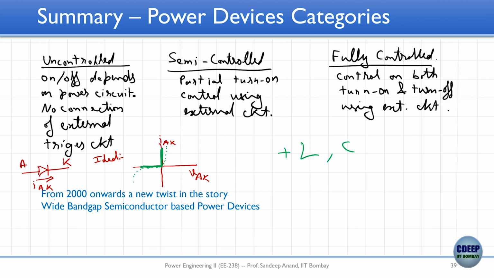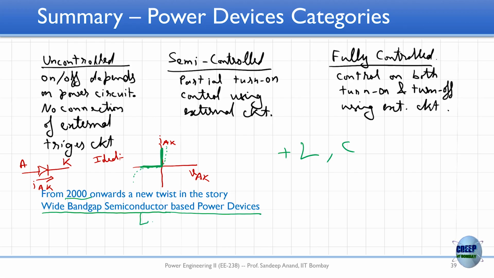Just for your knowledge, out of syllabus, there is something new which is happening, called wide band gap semiconductor based power devices. Of course, the research was going on, but predominantly we started seeing commercial devices after the 2000s. In these devices, performance improves further: you can switch at much higher frequencies and get higher blocking voltages.